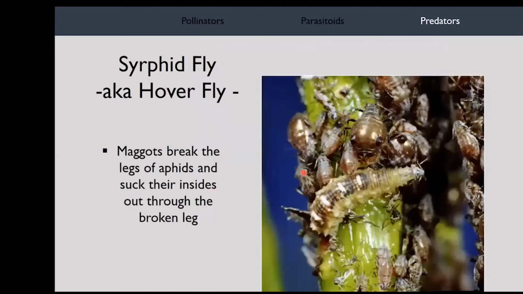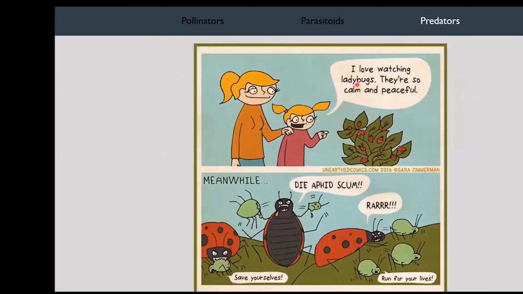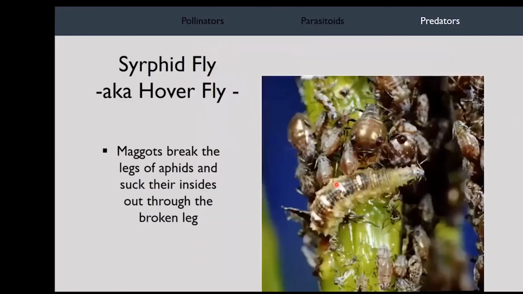As a maggot, this hoverfly will actually go up to the aphid and snap its legs off and eat that aphid from the inside out. So, prime example of, oftentimes it's not very calm and peaceful with these predators and beneficial insects, but it can be kind of alien sounding as to how they function and survive.